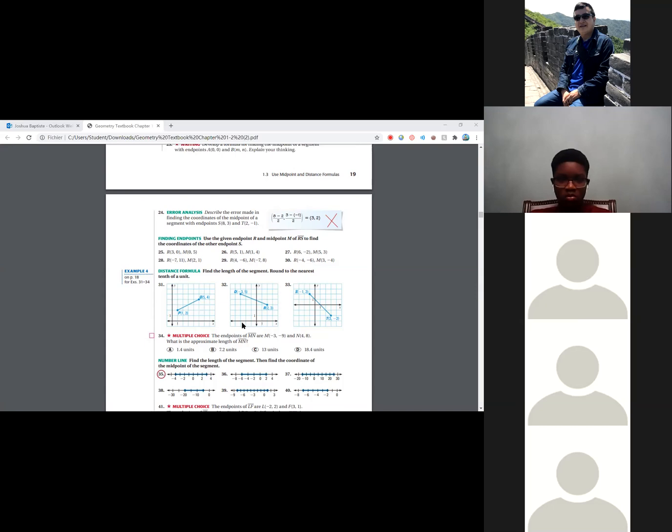I got 13. 13. I haven't written it down, I just did it in my head, but I don't think that's what it is. What I would have done is 2 minus -3, which is 5. 5 squared is 25. And then 3 minus 5 is -2. -2 squared is 4. And then 25 plus 4 is 29. And I think it would be the square root of 29. Or tell me what you did, Mason.